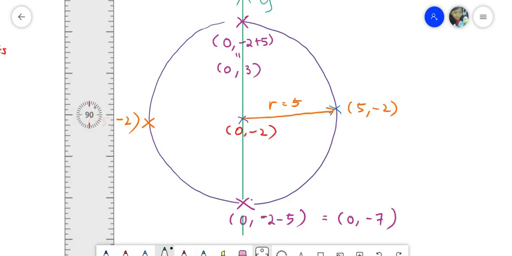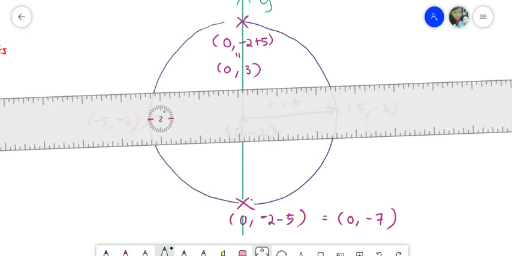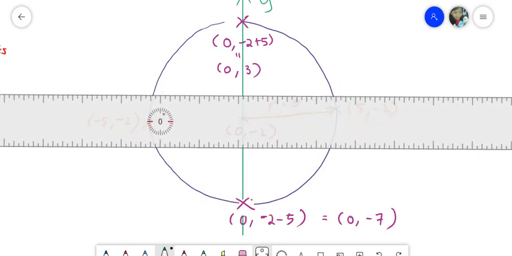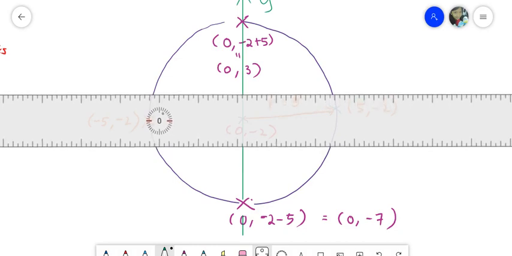So how about your x-axis then? You look at this point here. The negative 2 is here, 3 is here. Means that your x-axis should be in between. Am I right? Should be in between.